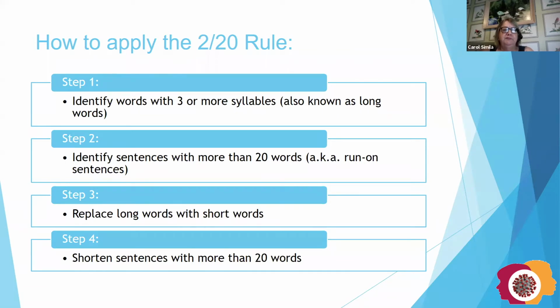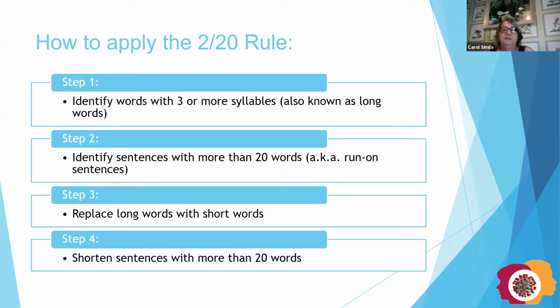Once you've identified the words with 3 or more syllables, then you identify sentences with more than 20 words. Sometimes we call those run-on sentences. So the next 2 steps are fairly obvious. You replace the long words with short words, and you shorten the sentences with more than 20 words.